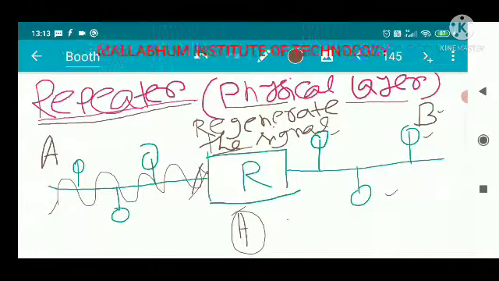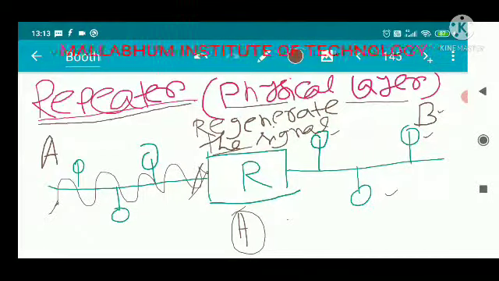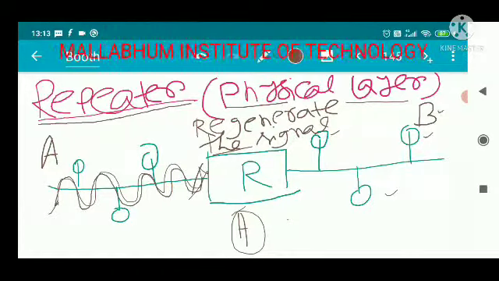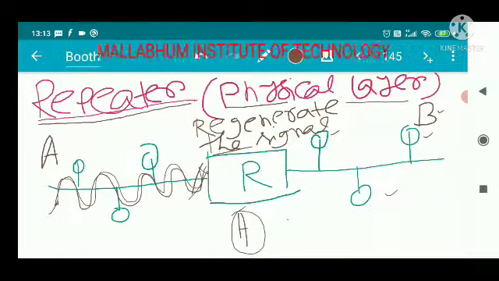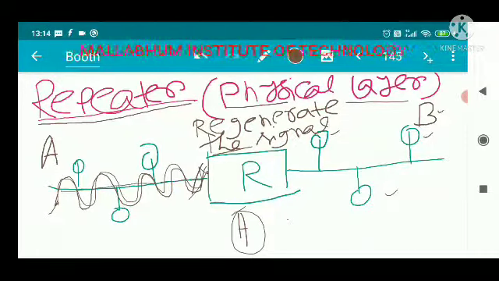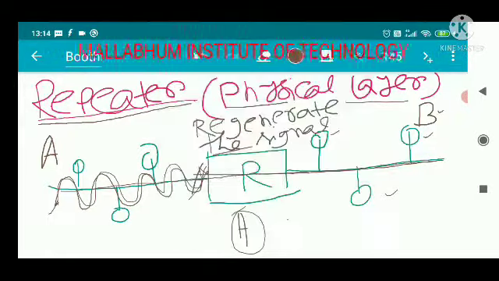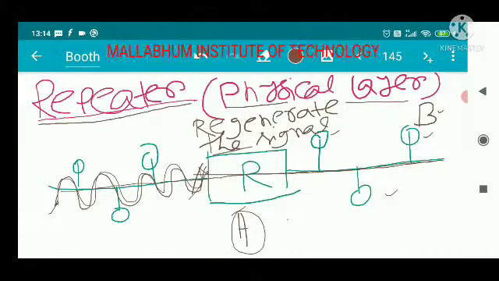That means this signal is being transmitted in this way, and the repeater is being used so that this signal can be transmitted further. Suppose you just forget about this network A and network B concept.